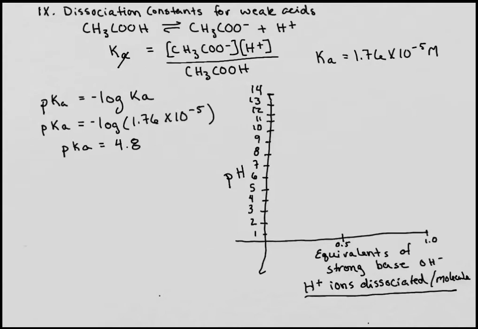So if we're at a very, very low pH, way down at a pH of 0, then we recognize that a weak acid will maintain its acidic proton. Looking at our vinegar, our acetic acid, this is the acidic proton. At a pH of 0, that acidic proton will be retained by the acetic acid.